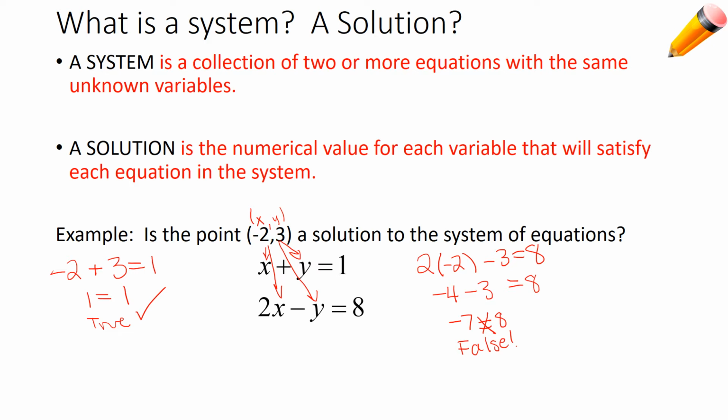The point would have to make the statement true for both equations, but we have one equation where the statement is false when we plug in that point. So the yes or no answer to is the point (-2, 3) a solution to the system, our answer would be no, it's not, because of this false statement right here when we plugged in -2 and 3.